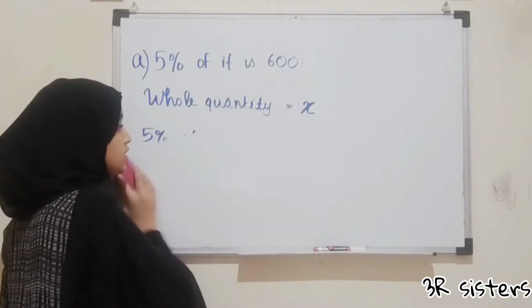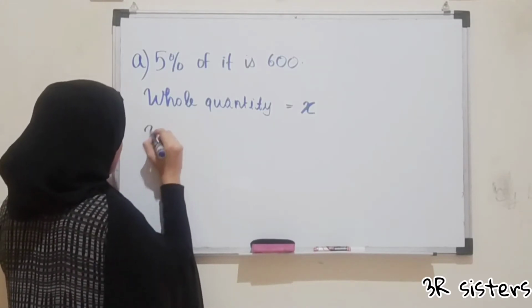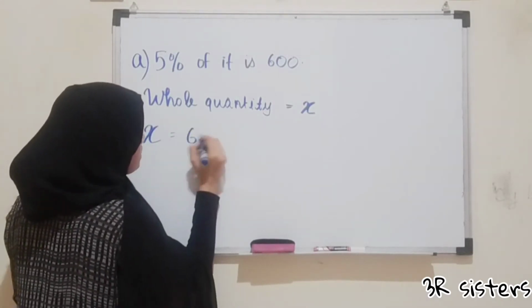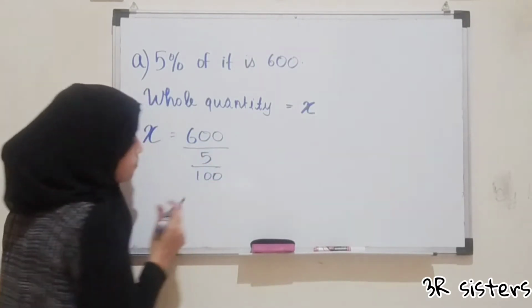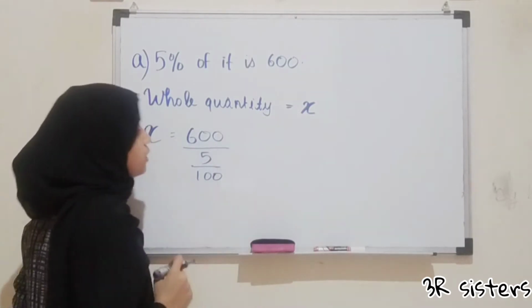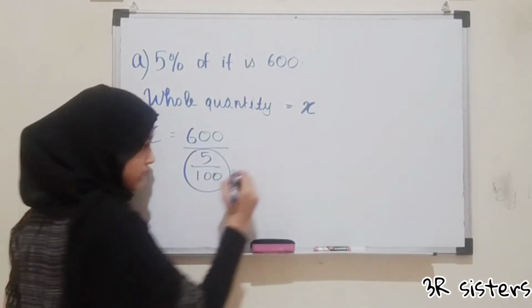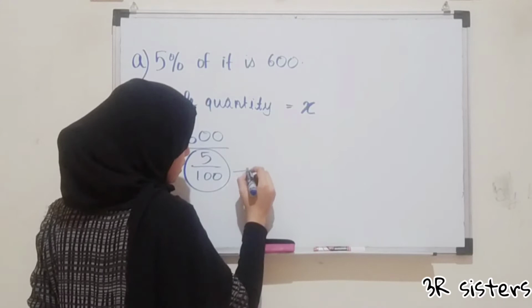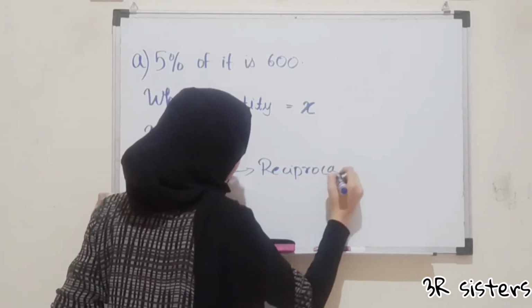First, for finding that, we write x is equal to 600 by 5/100. Now what are we going to do? As we got 600 by 5/100, we have to take the reciprocal of this 5/100. What do you mean by reciprocal?